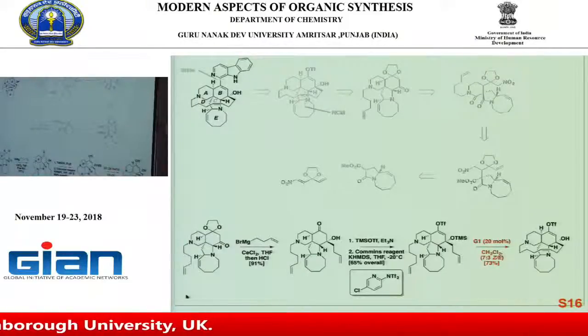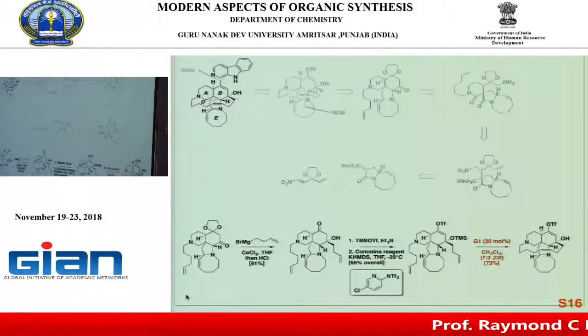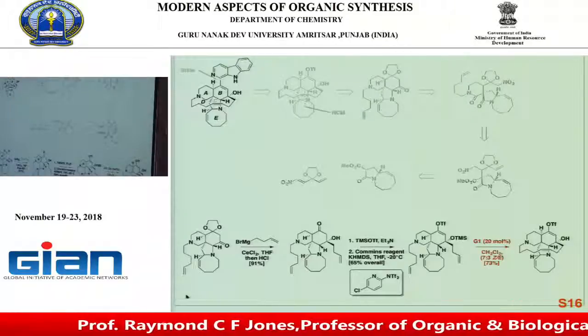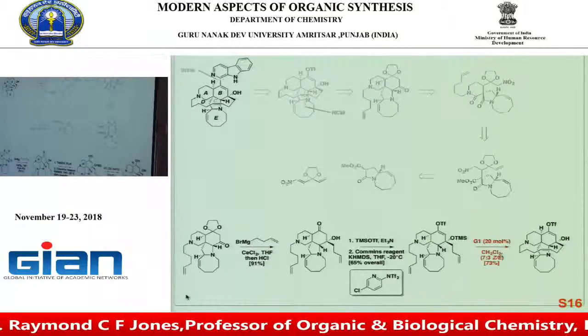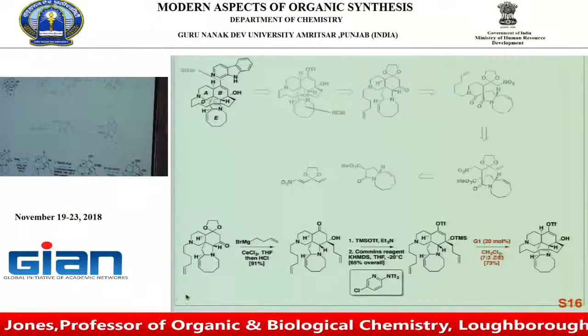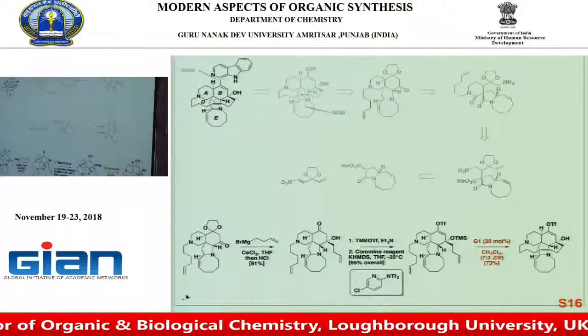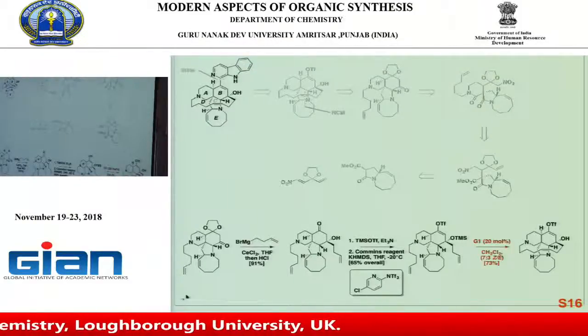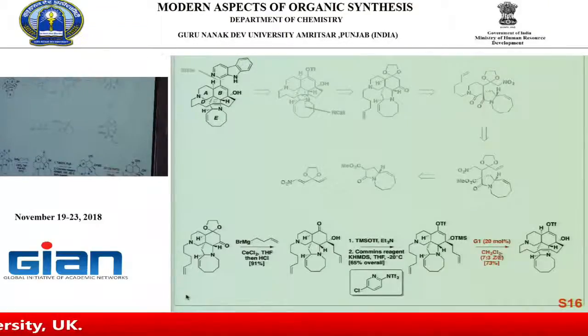But I want to illustrate here, again, Grubbs first generation, relatively mild conditions. It'll be heat, it'll be reflux dichloromethane. Again, a Z to E ratio not quite as favorable to the cis or Z compound as in the other synthesis, but in a decent yield. So that's illustrating another example of the ring closing metathesis.